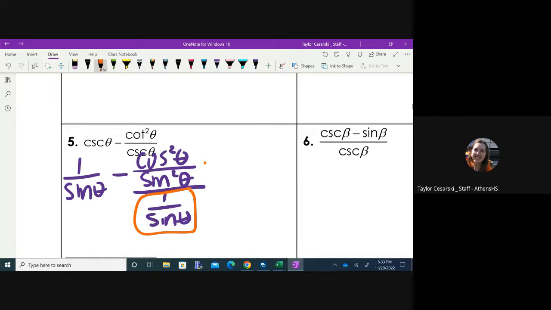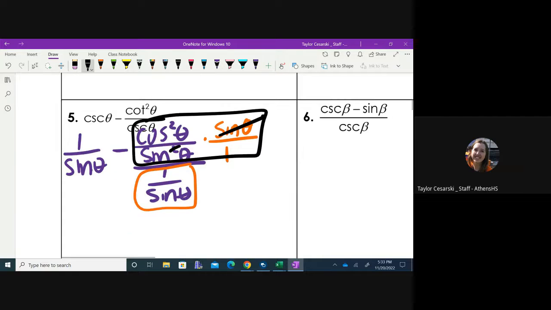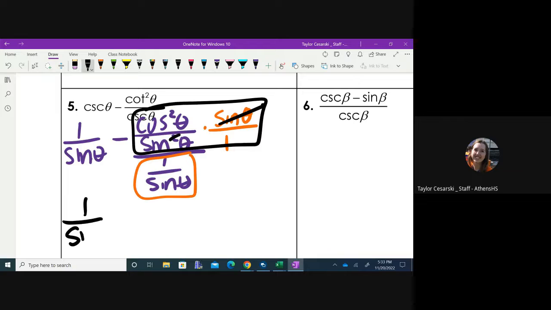When I'm dividing by a fraction, remember you can multiply by the reciprocal, or keep change flip, so it ends up looking like this. And I'm just going to look at this part first, where I multiply by the reciprocal. I can cancel out one of my sines from the top and the bottom, and that will look like 1 over sine of theta, that's still just my cosecant, minus cosine squared over sine of theta, because that one sine canceled out.